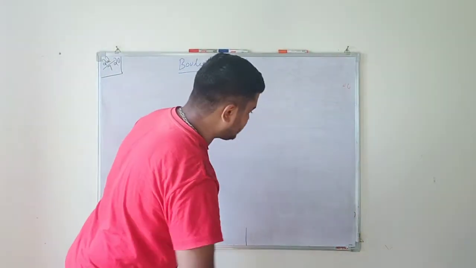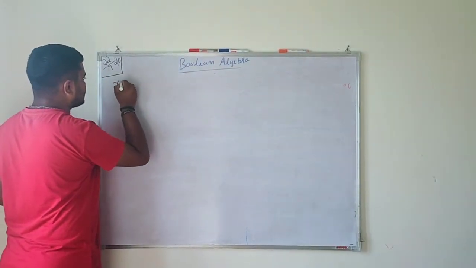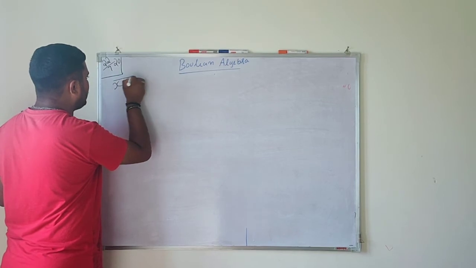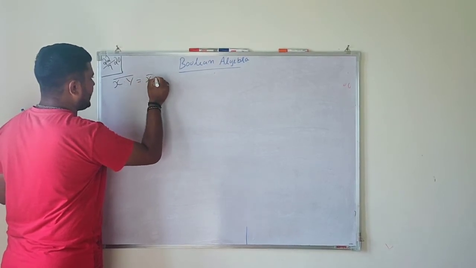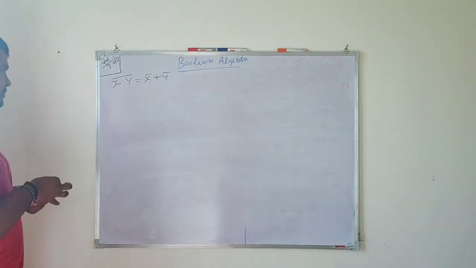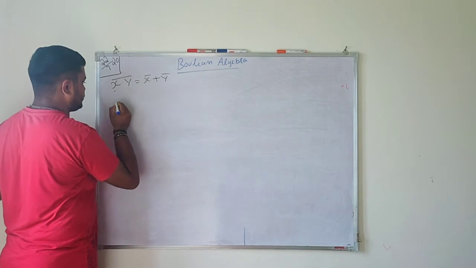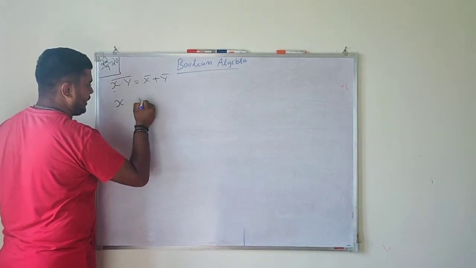Now to take a truth table, what does the theorem say? It says that x into y whole bar is equal to x bar plus y bar. So how many inputs are there here? We have two inputs, x, y.